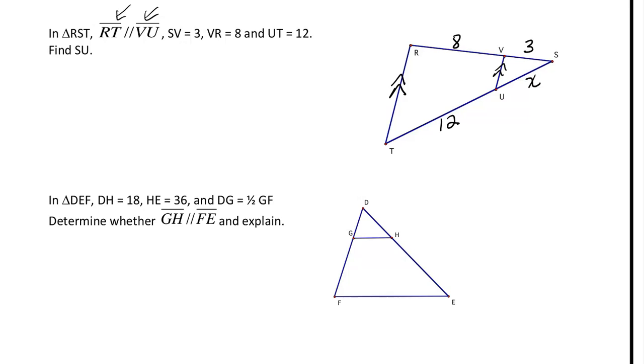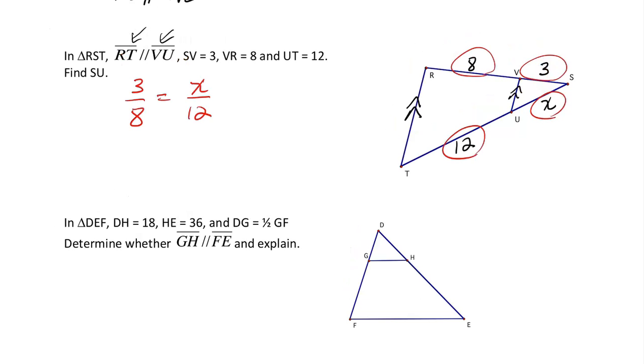So with the triangle proportionality theorem, the sides that were created by these parallel lines, these segments, we can write a proportional relationship. So we could say 3 over 8 equals X over 12. And at the beginning of the chapter, we learned how to solve proportions like this.